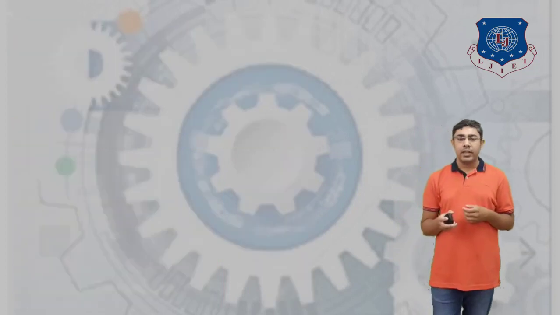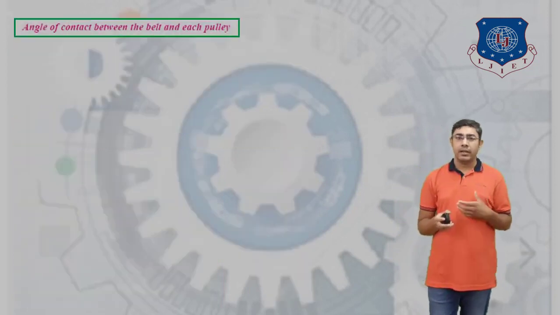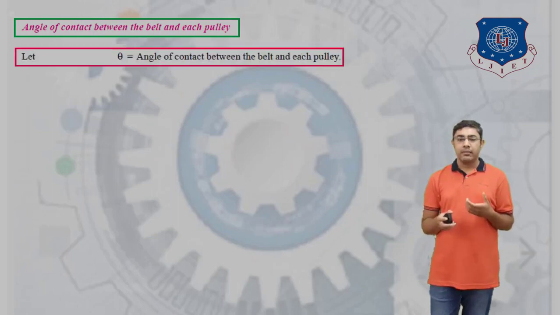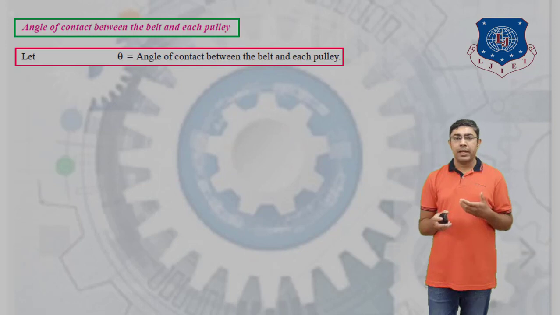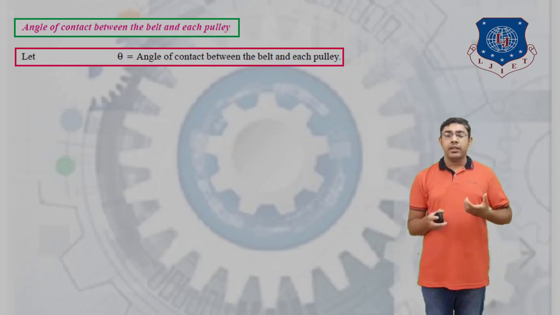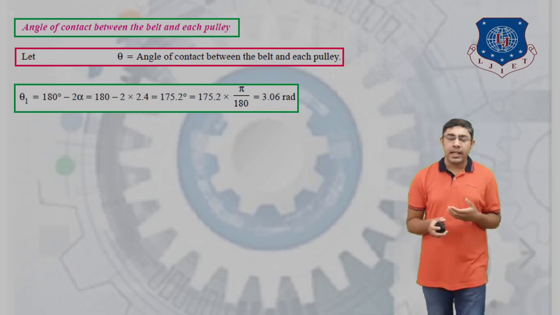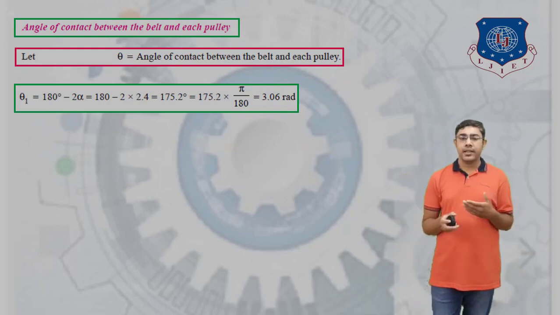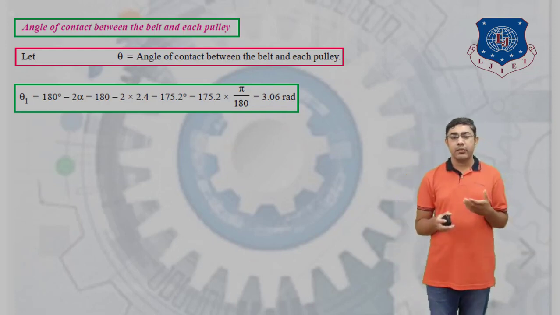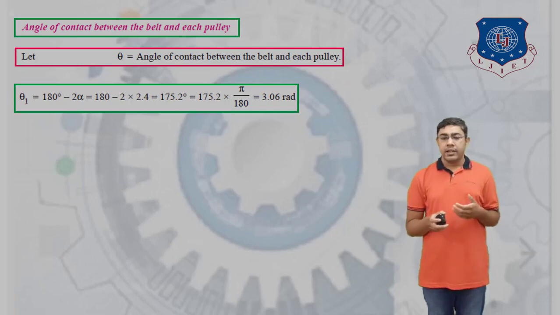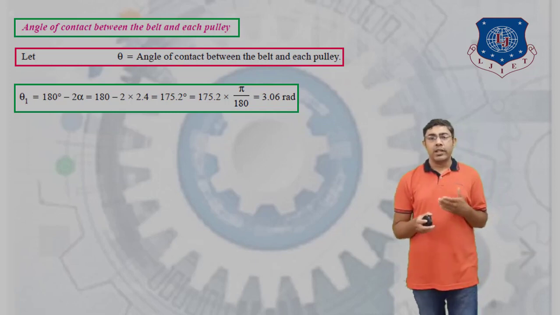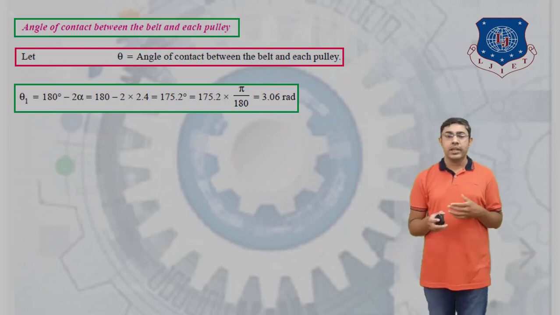Now we have to calculate the contact angle between the belt and pulleys. We denote theta as the angle of contact between belt and pulley, and in our configuration theta is 180 minus 2 alpha, where alpha is 2.4 degrees. So we get theta 1 equal to 175.2 degrees.